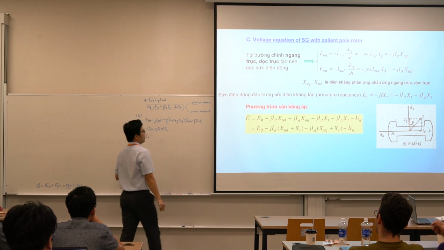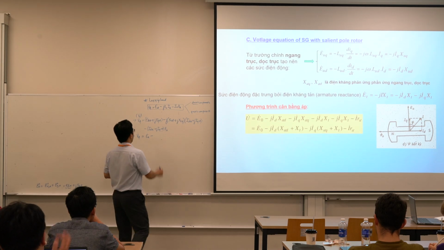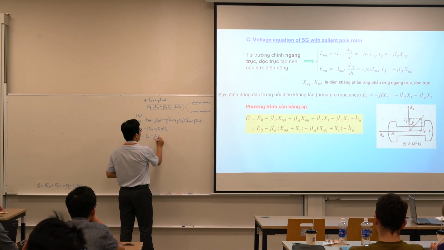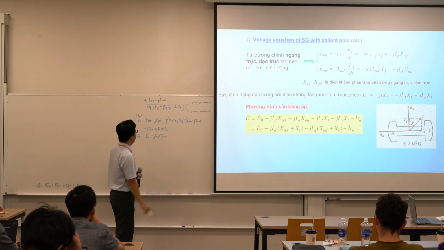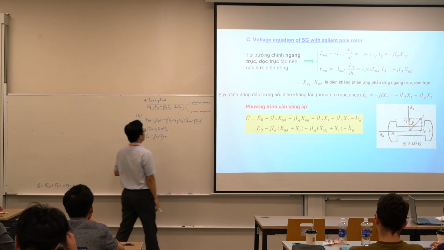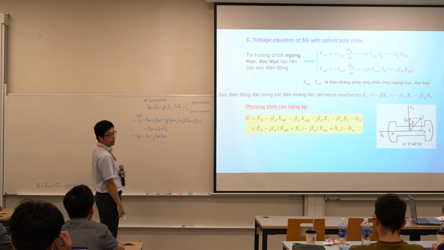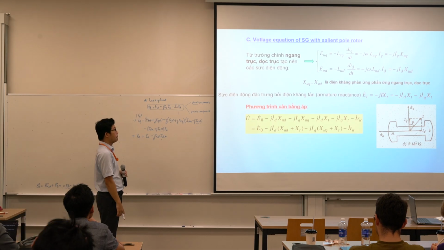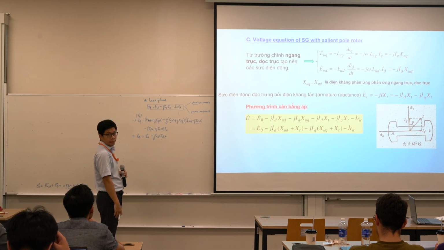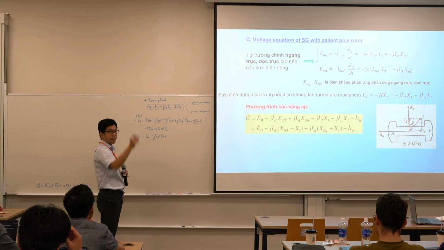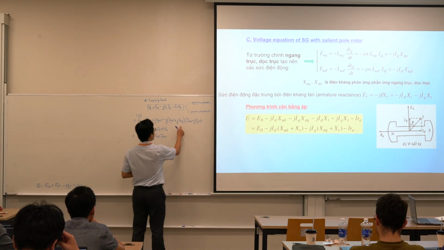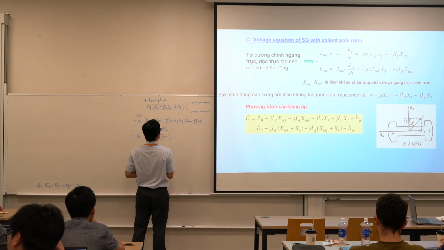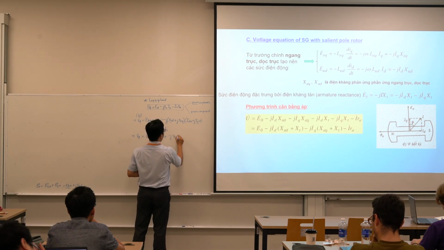D and D, right? D and D. So you get what? jXSD IDA. Okay. D and Q, 0. Because 90 degrees, so when we take the dot product, cosine 90 degrees is 0. Okay. So minus jXSQ IQ.